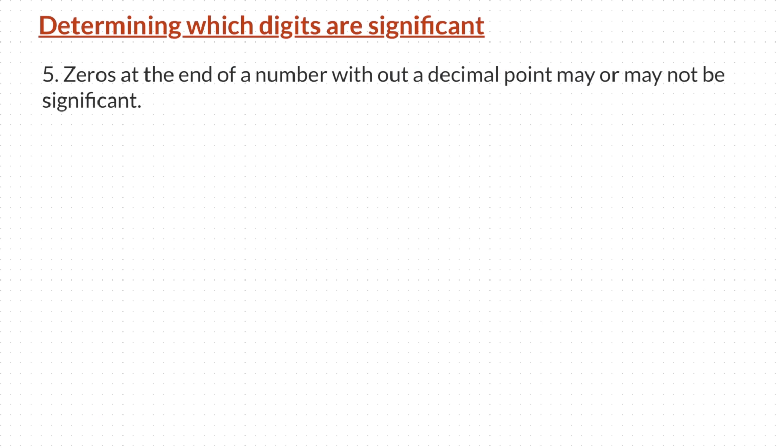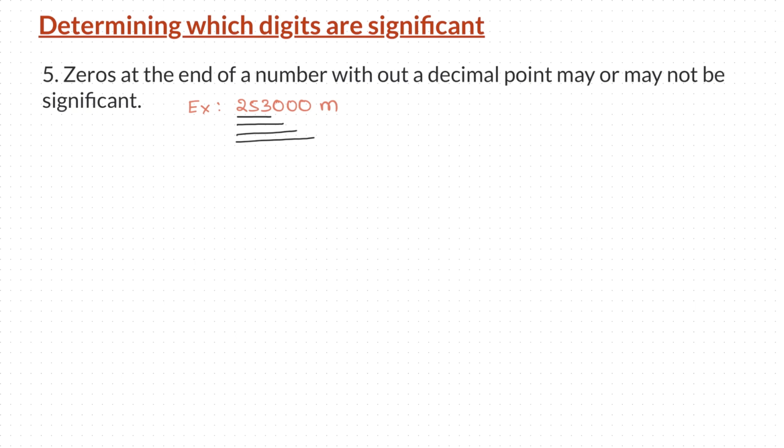Rule number 5. Zeros at the end of a number without a decimal point may or may not be significant. Let us say our measurement here is 253,000 meters. Now this measurement may have 3, 4, 5 or 6 significant figures.